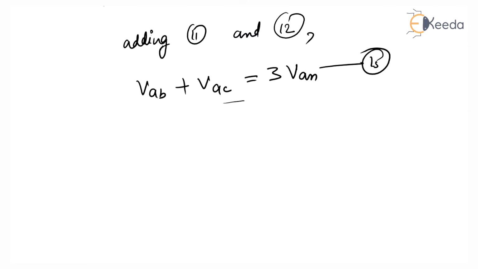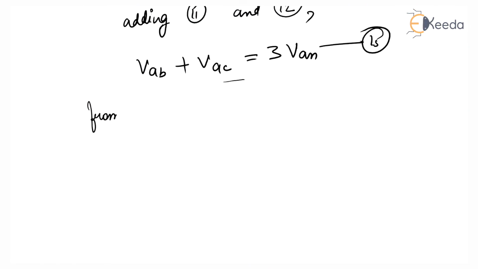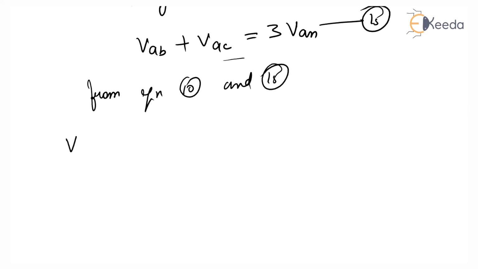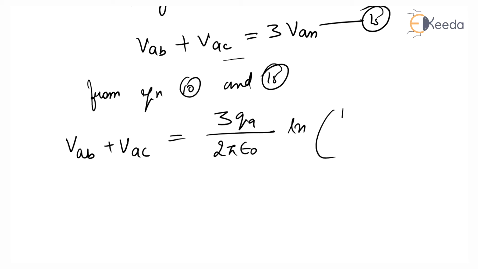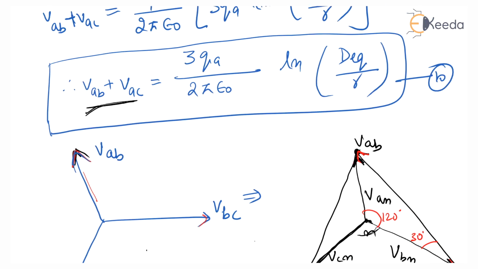From equations 10 and 15, first write equation 10: VAB plus VAC is equal to 3QA upon 2 pi epsilon naught log D equivalent by R. Please check the equation. Yes.